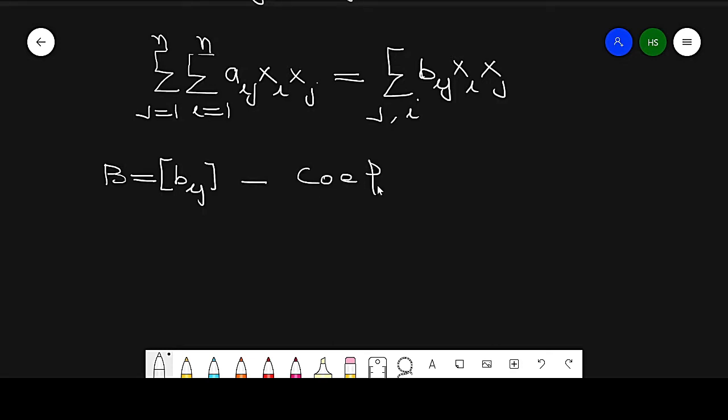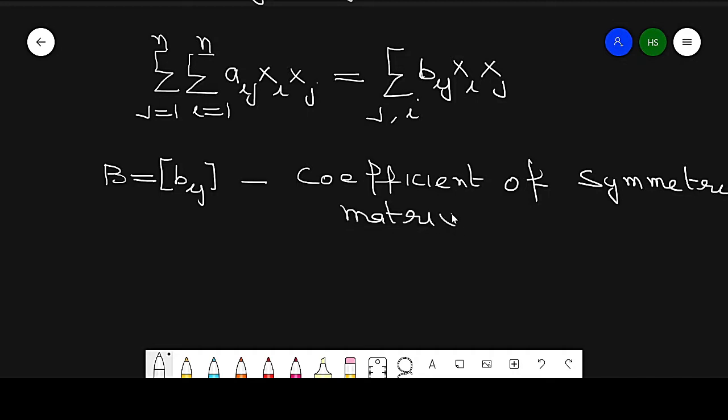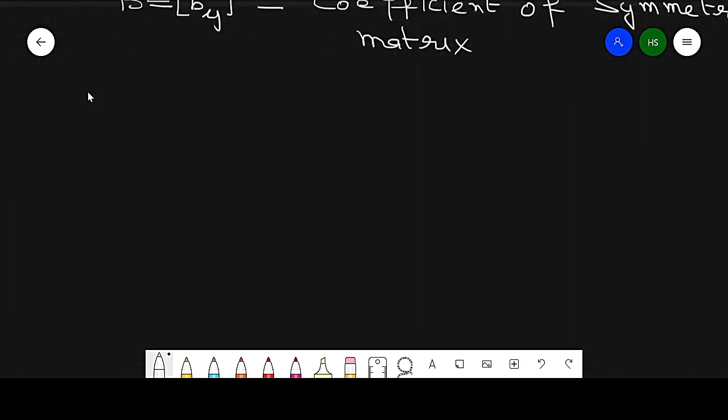Basically, the quadratic form is a product of matrices that we write in the form of X transpose.